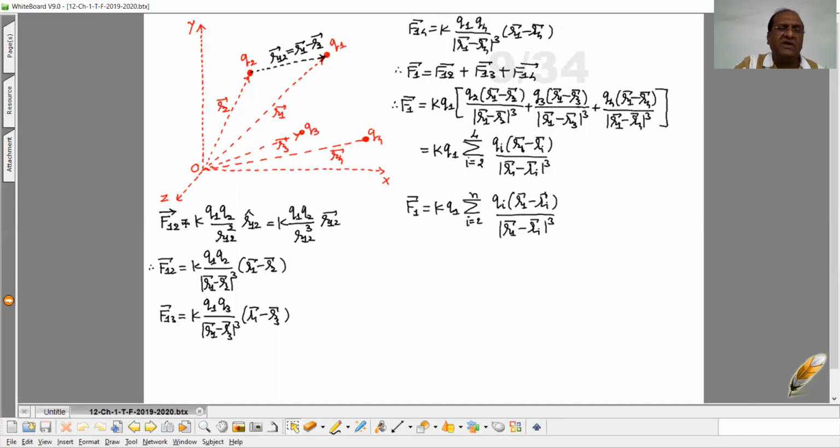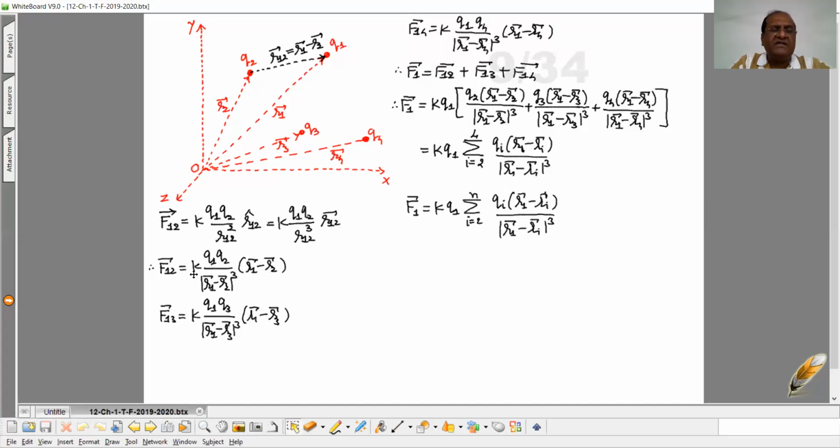So force on 1 by 2, that is K Q1 Q2 upon R12 square into R12 cap. Or we can write K Q1 Q2 upon R12 cube into vector R12, because R cap is the vector upon its magnitude. So we can replace it by R12 upon R12, and resultantly here we will get R12 cube.